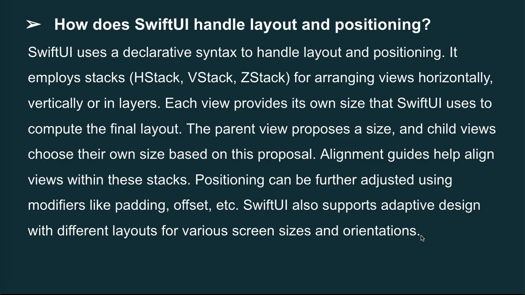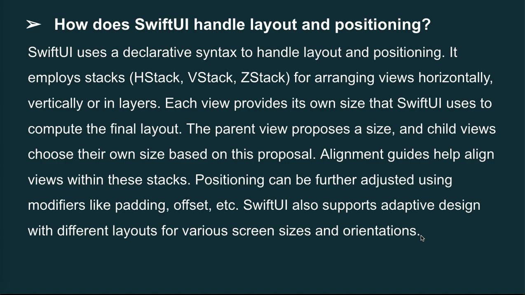Next question is, how does SwiftUI handle layout and positioning? So the answer is, SwiftUI uses a declarative syntax to handle layout and positioning. It employs stacks, HStack, VStack, ZStack for arranging views horizontally, vertically, or in layers. Each view provides its own size that SwiftUI uses to compute the final layout.